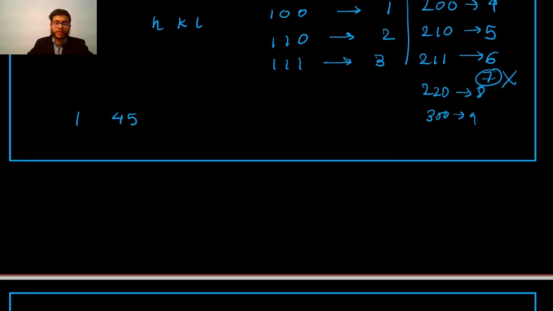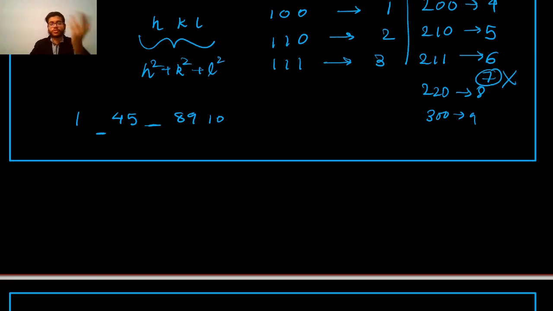There will be 1, 4, 5, maybe then 8, 9, 10. So in the middle, the integers are not possible. The combinations of integers are not possible to get from h, k and l. Here h square plus k square plus l square is a very simple function, and that's why you are getting all sorts of integers.